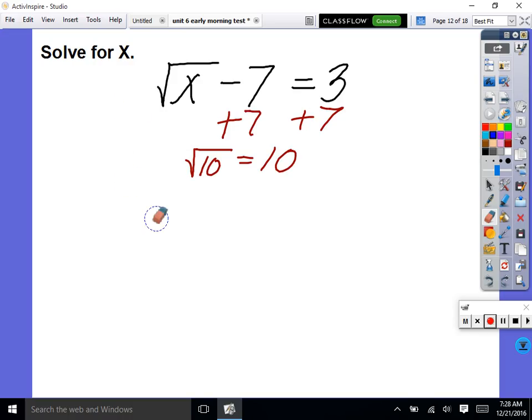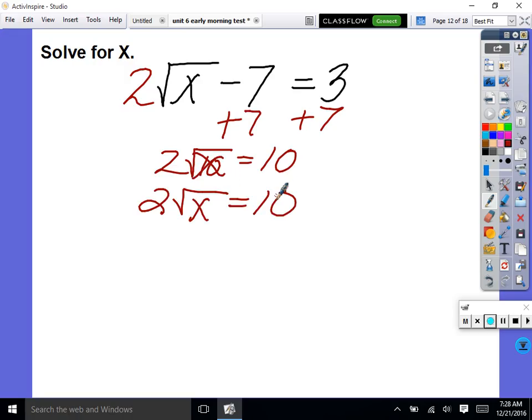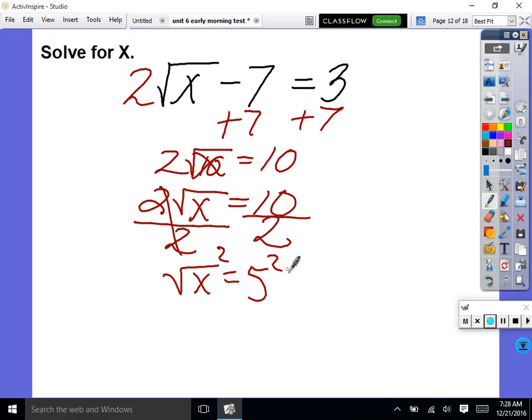I'm going to make this a 2. So we have 2 square roots of x equals 10, correct? My next step would be to divide by 2. You got to divide by 2 before you square it. Square root of x equals 5. Now we would square both sides, correct? Root cancels out with power, so x equals 25, yeah?